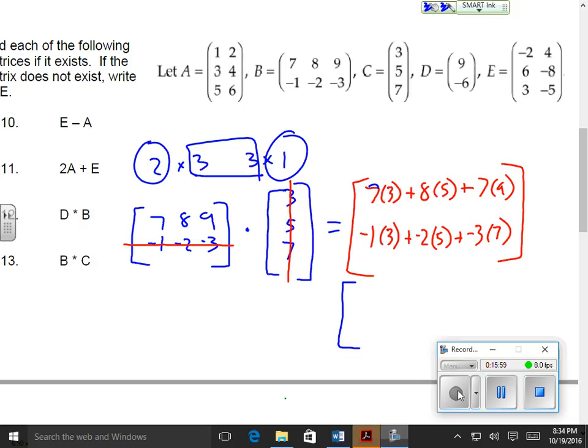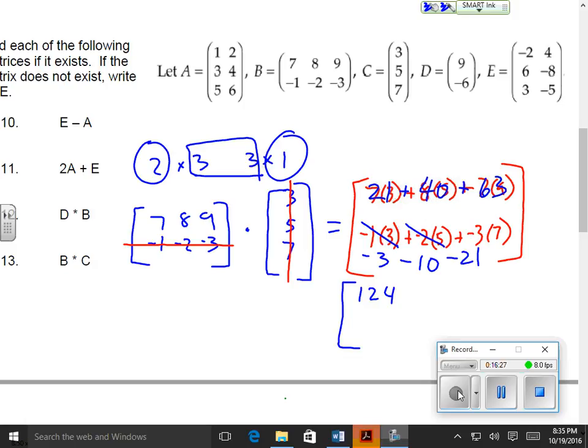So that becomes 21 plus 40 plus 63. All right, so 61 plus 63 is going to be 124. In the bottom, I have negative 3 minus 10 minus 21.